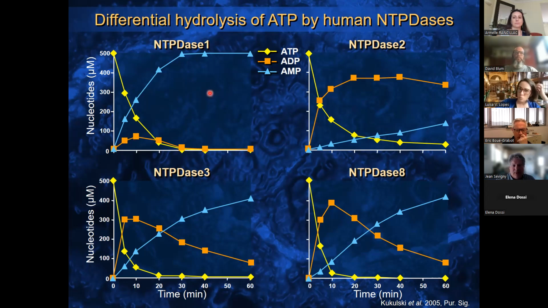That means that NTPDase 1 could block any P2 receptor activation, but NTPDase 2 could favor the activation of some receptors responding to ADP, such as P2Y1 and P2Y12. And NTPDase 3 and NTPDase 8 are in between NTPDase 1 and 2, as they hydrolyze ADP, but not as efficiently as NTPDase 1. So this could suggest that in the presence of these enzymes, we could have a transient activation of receptors responding to ADP.